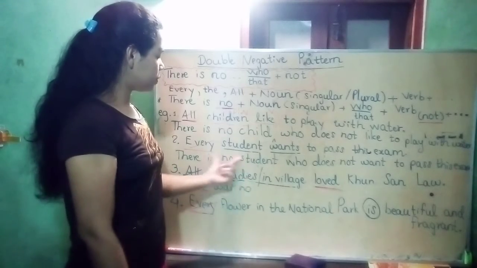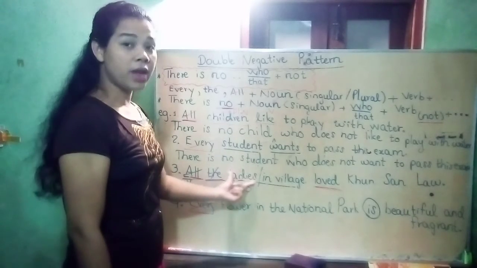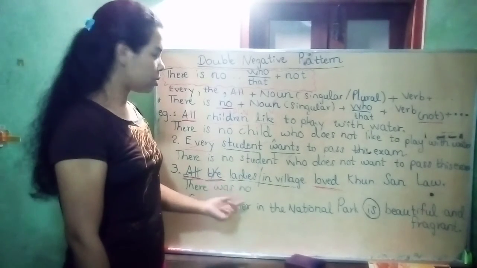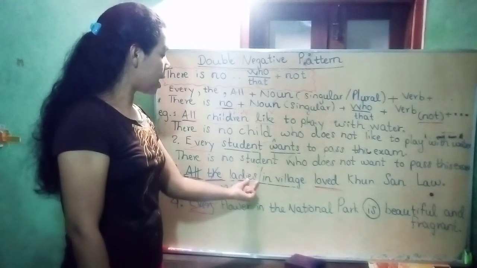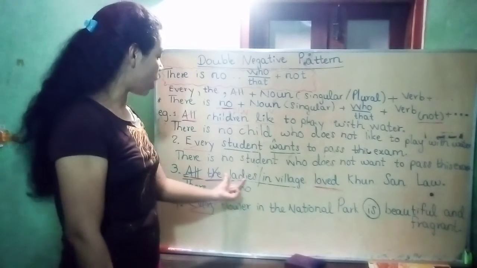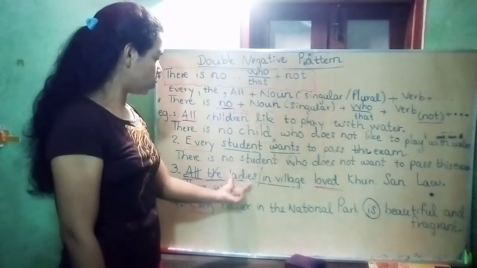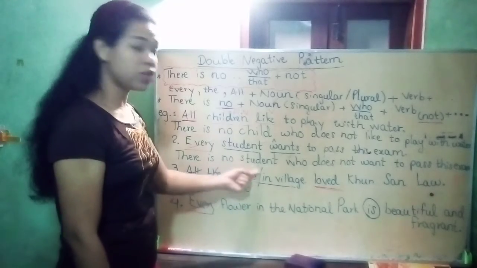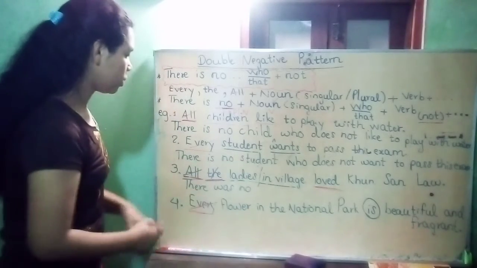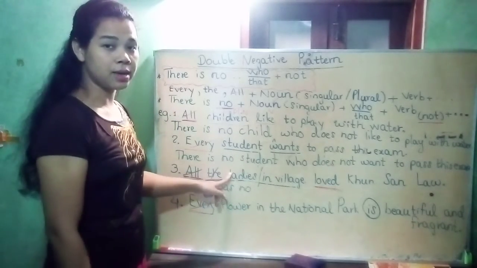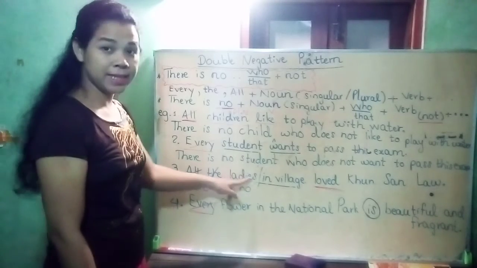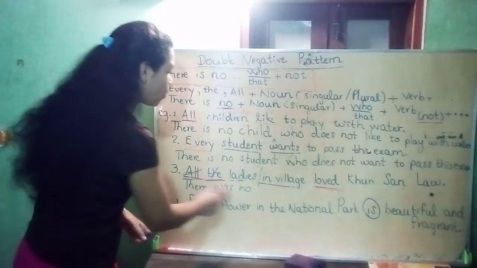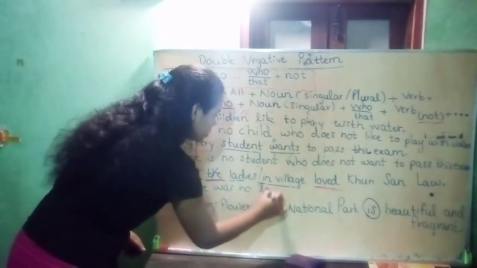Ladies is a plural noun because there is IES at the end of the word ladies. So you need to change it into a singular noun. L-A-D-Y, lady is the singular form of ladies. So there was no lady.